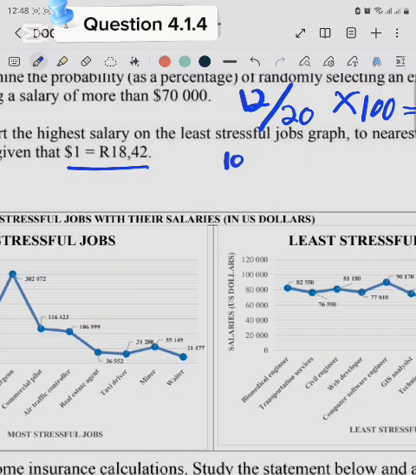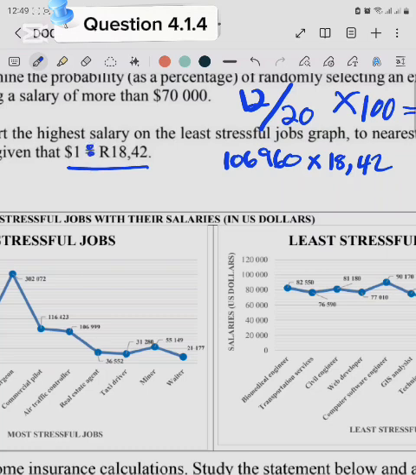So $106,960, and to convert it we're going to need to multiply it by 18.42 to make it into rands. You can also use it as a ratio if you prefer. Instead of thinking of this as just a straightforward calculation, you can say $1 is to 18 rand 42.